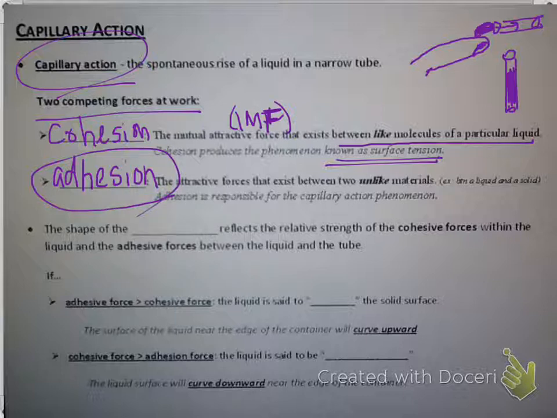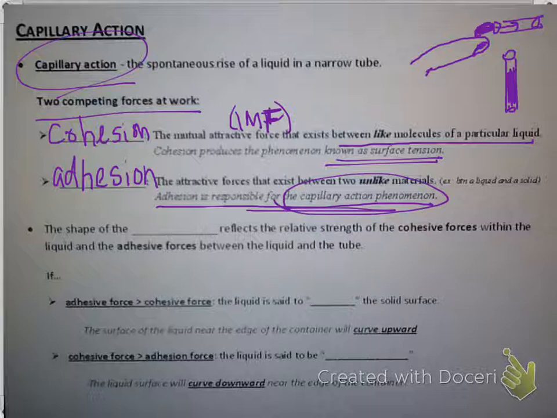Adhesion is the attractive force that exists between two unlike materials. All right? So instead of maybe the liquid particles attracted to each other, the force of adhesion would be the liquid particle interacting with the tube, which is a solid particle. So adhesion is the property that's responsible for capillary action.